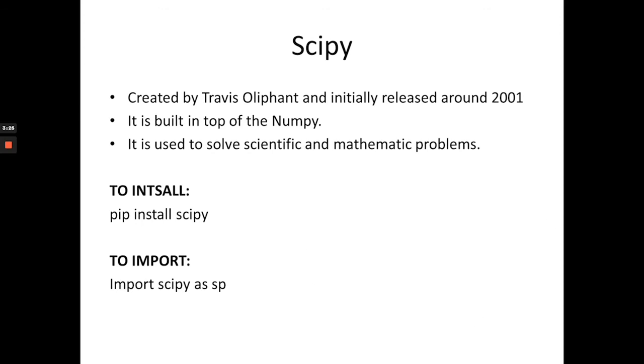The main difference between Scipy and NumPy is that Scipy is a fully featured version of linear algebra, while NumPy contains only a few features. Most new data science features are available in Scipy rather than NumPy. So Scipy is also one of the most important and widely used libraries. To install it, you can use pip install scipy, and to import, just write import scipy as sp.